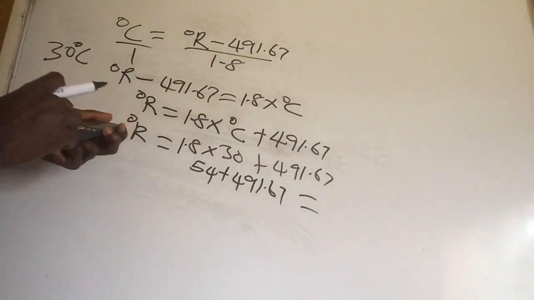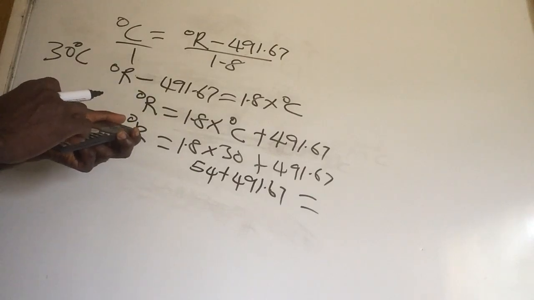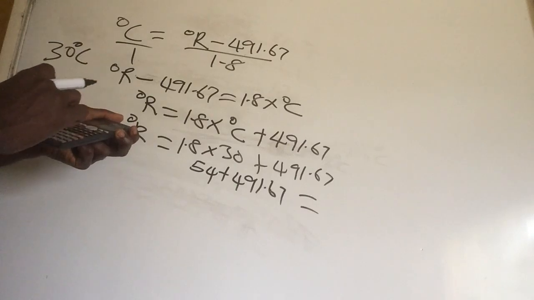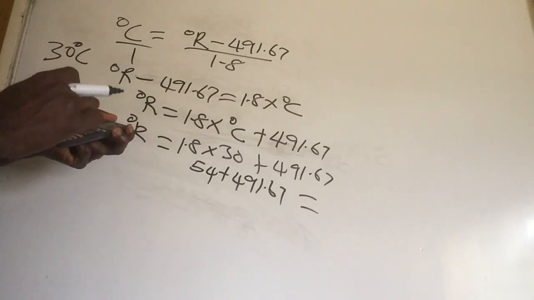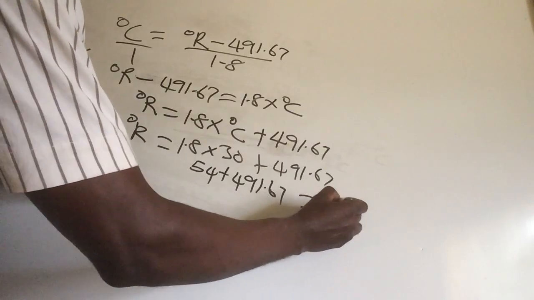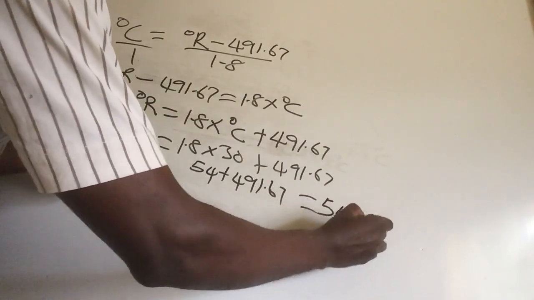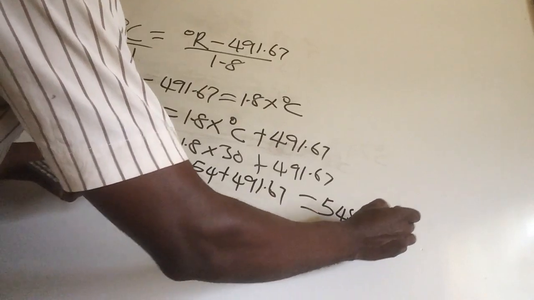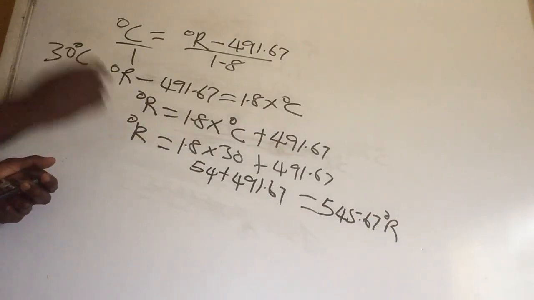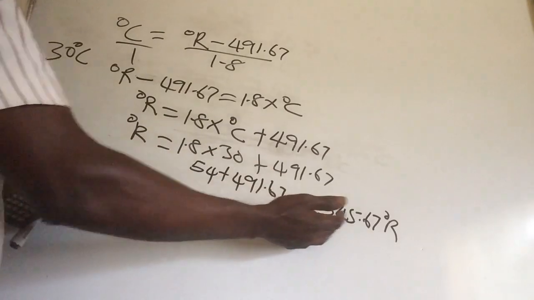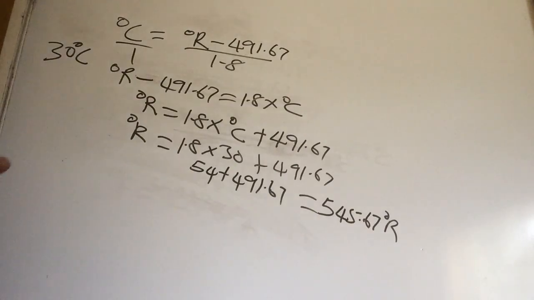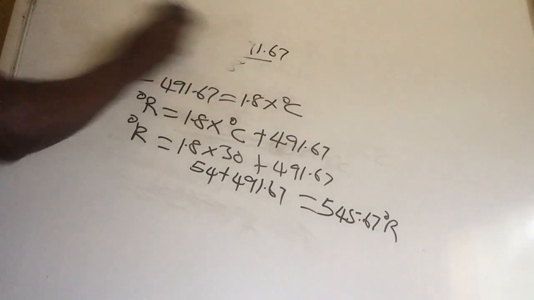When you add 54 to the number, we now have 545.67 degrees Rankine. So 30 degrees Celsius, if you convert it to Rankine, will give you 545.67 Rankine. Now let us move to the next one.